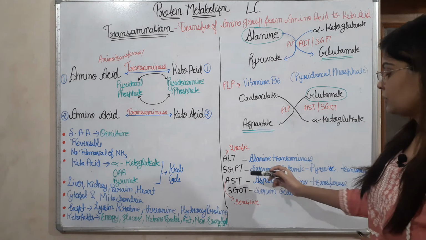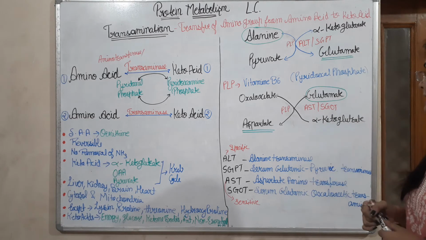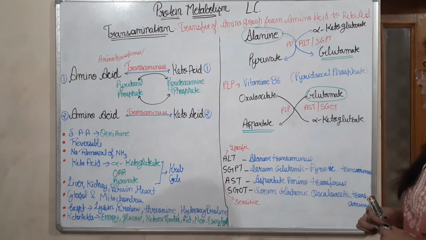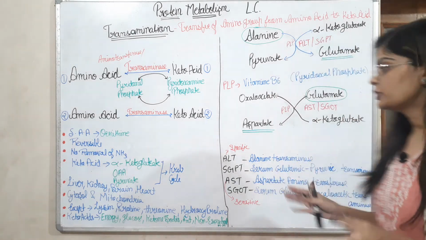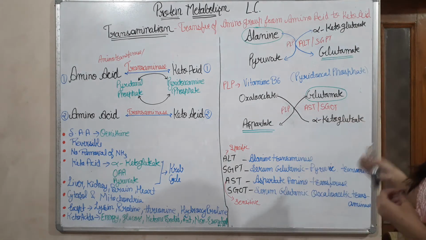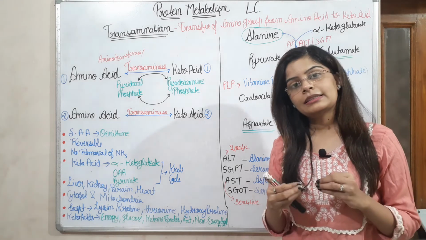First of all you have to know that SGPT is a specific enzyme and SGOT is a sensitive enzyme. So if there is a little bit of disease in our liver, it pushes SGOT to increase its level in our body, because it is a very sensitive enzyme.